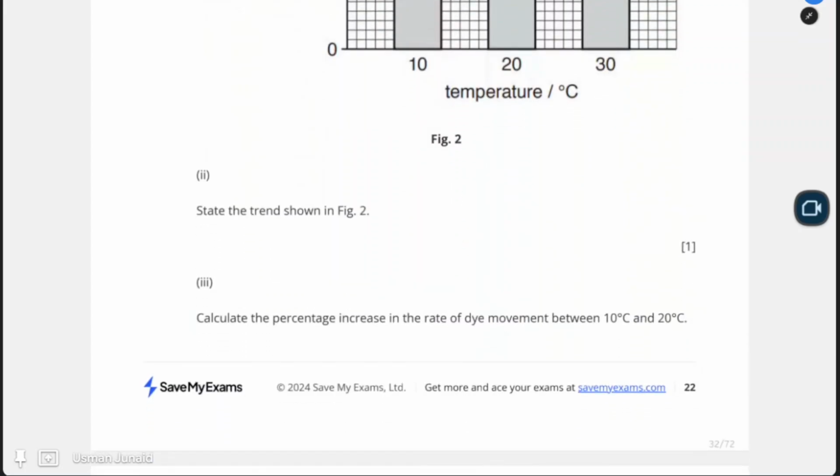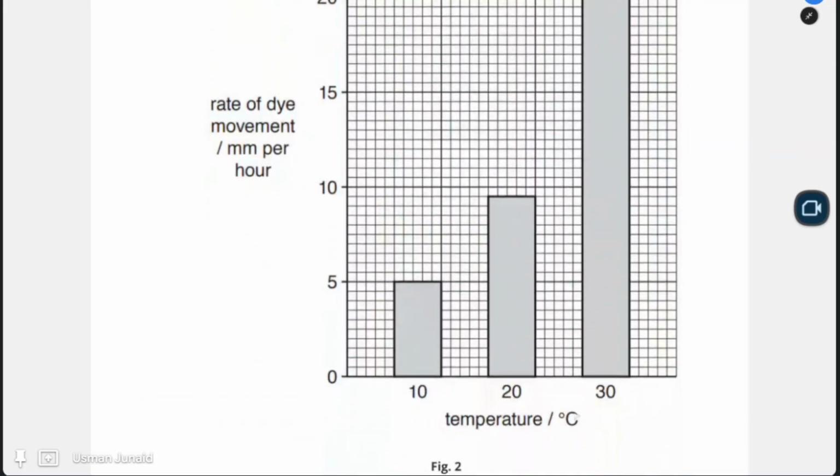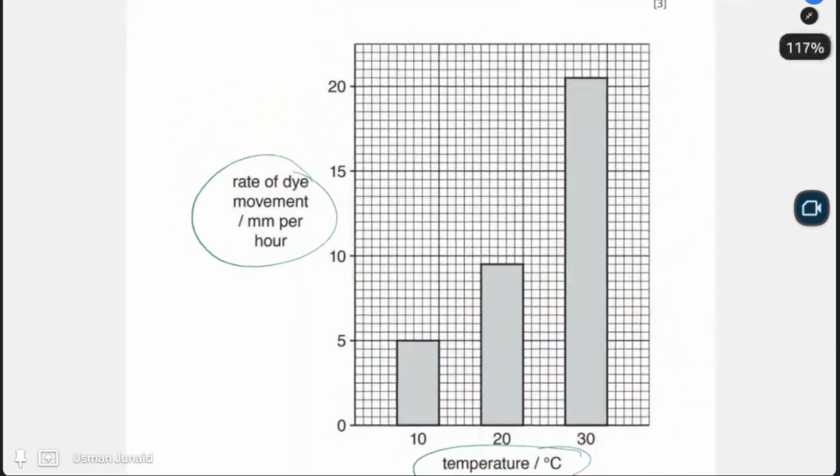State the trend shown in figure 1.2. So when we're looking at this diagram, we can see that there is a temperature and there is a rate of movement in terms of millimeter per hour. So what do we see? Can we appreciate that as the temperature is higher, the rate of movement of this drop of dye is increasing?